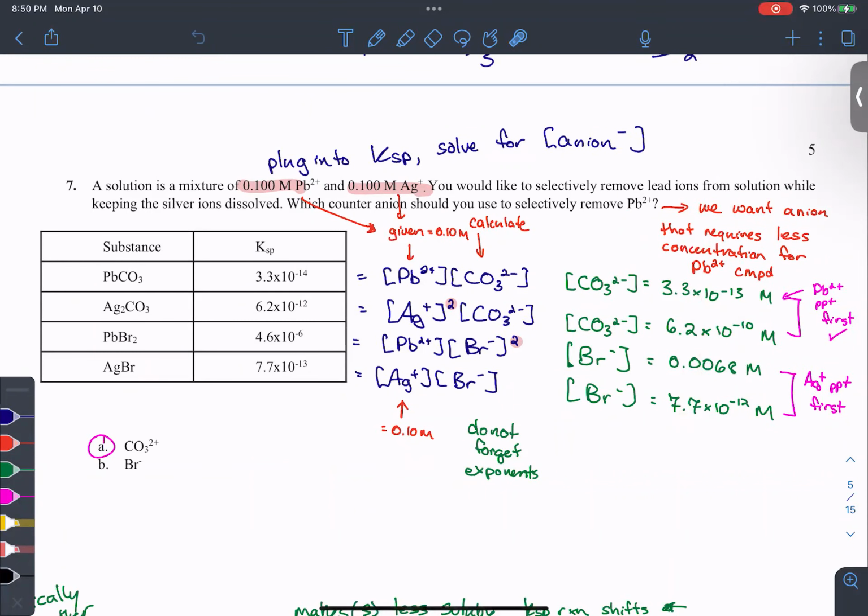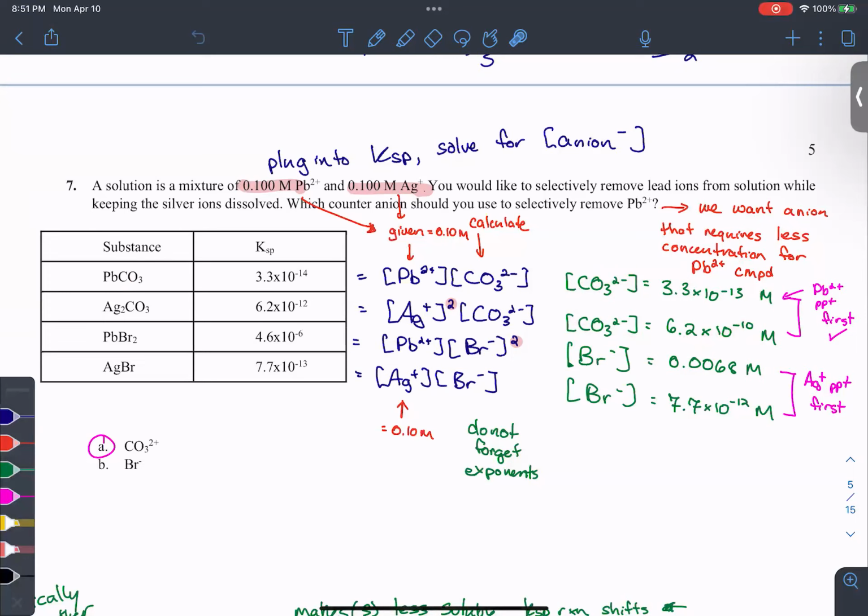Given concentrations of 0.1 molarity silver plus and lead 2+, lead carbonate will start to precipitate out at a carbonate concentration of ×10⁻13. But silver will start to precipitate out at 6 × 10⁻10. To me, this means lead 2+ is going to precipitate first because the carbonate concentration required is lower.